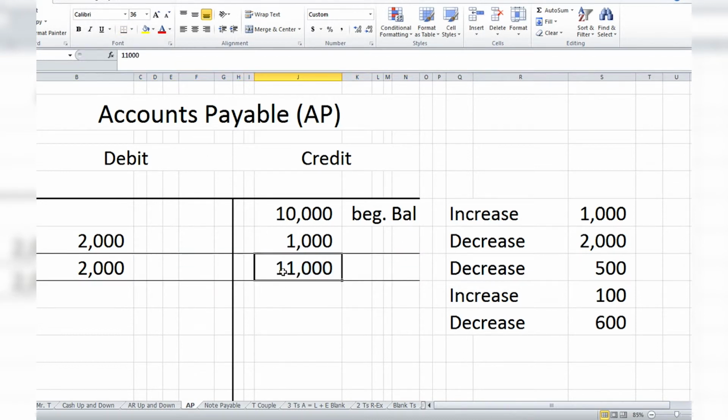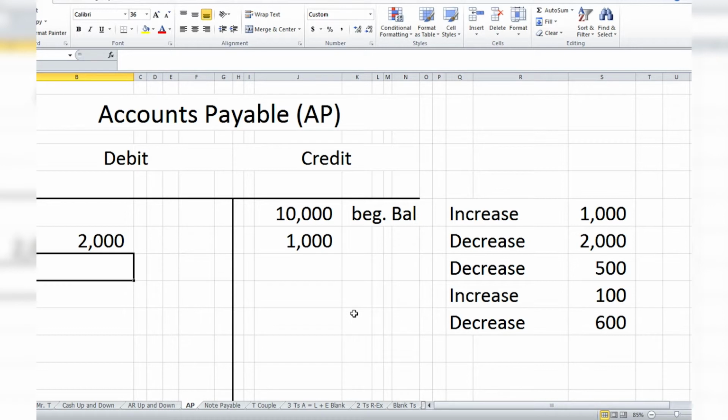This is greater than this, so we know it's going to be 11,000 minus the 2,000 with a remaining of 9. So starting at 10,000, increase to 11, minus the 2 is 9. I'm going to go ahead and reverse that.